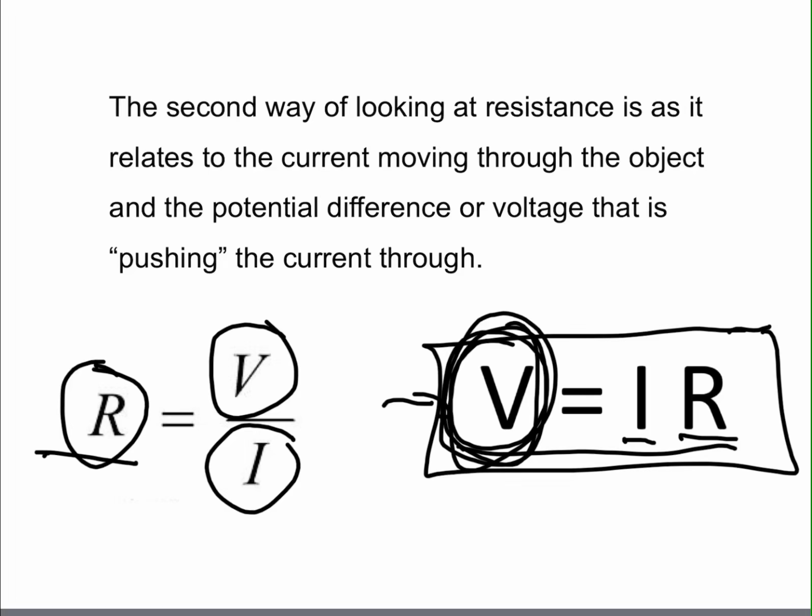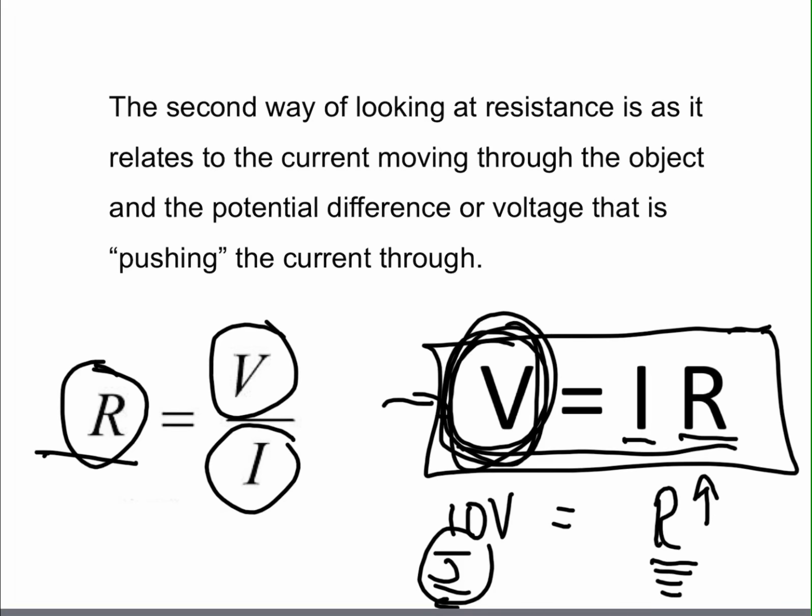So, hear me out. Let's say I have 10 volts. That means each little particle has 10 joules per coulomb of energy, let's say. So, the bigger my resistance, the bigger my friction, if you will, to stop it, the bigger the intrinsic want for this wire to stop that current from flowing, the smaller the current will be.